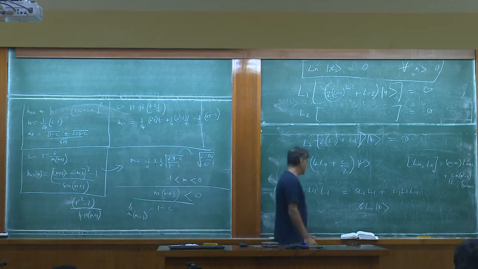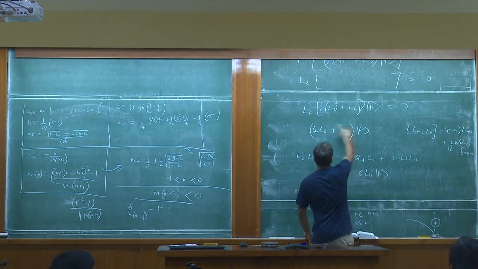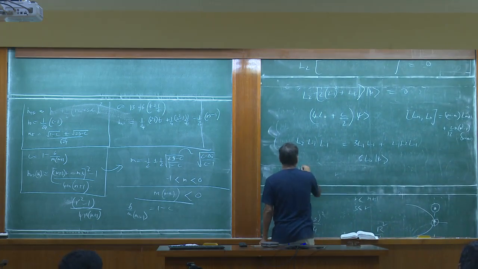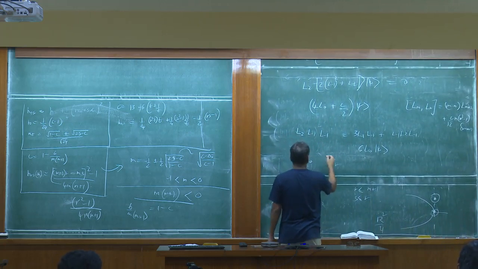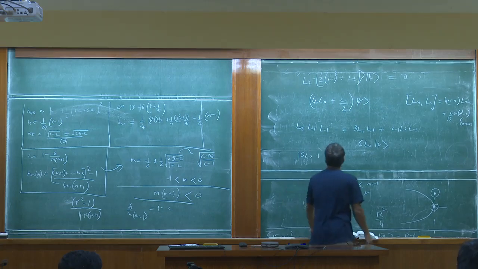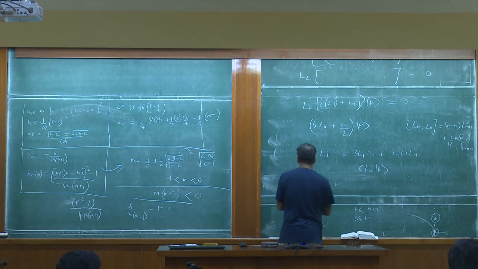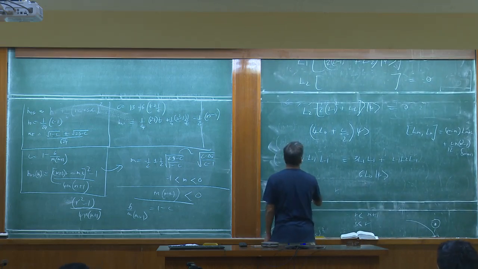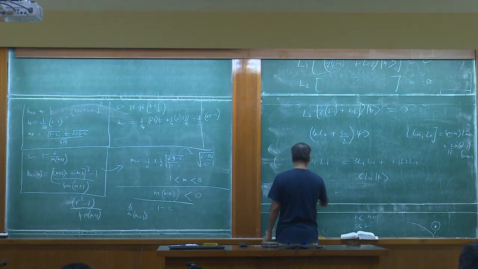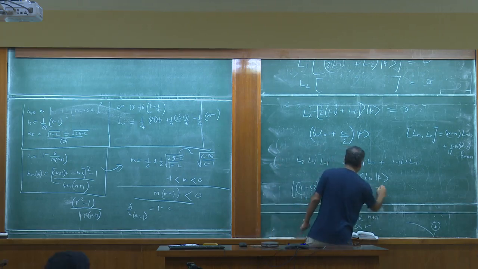Okay, so if I've done it right, what we got by acting on this thing was 4 plus 6 eta, eta L0 plus C by 2 on psi is equal to 0.